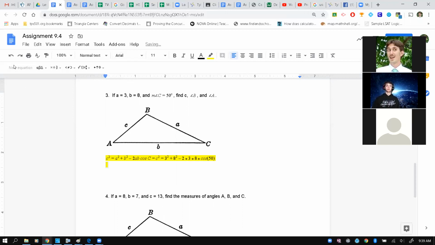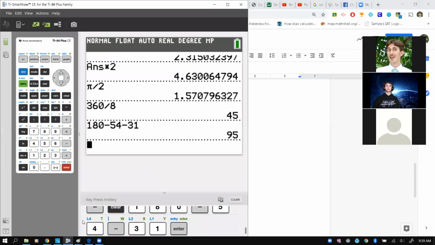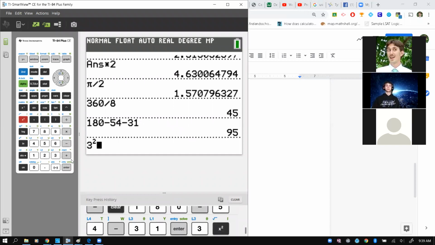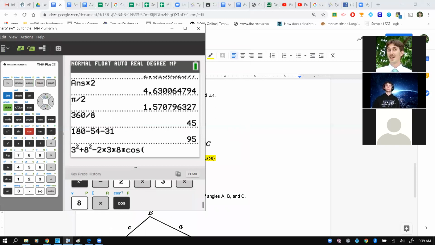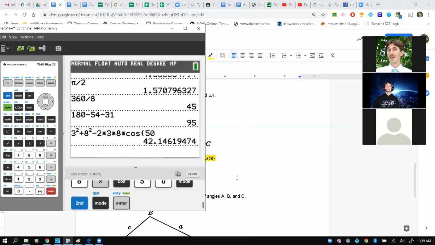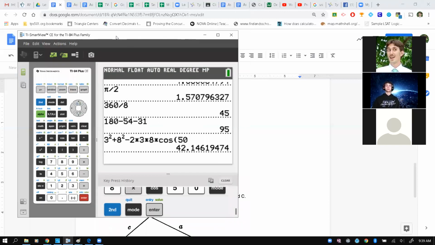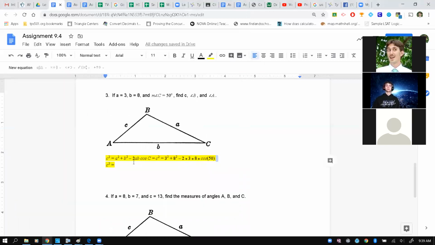So if you do that, you should get C squared equals 42.146.